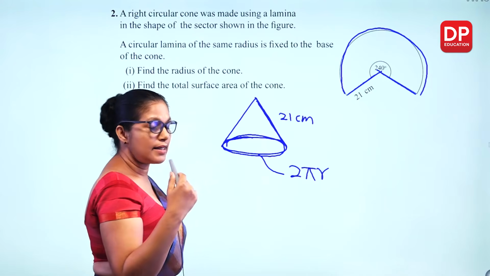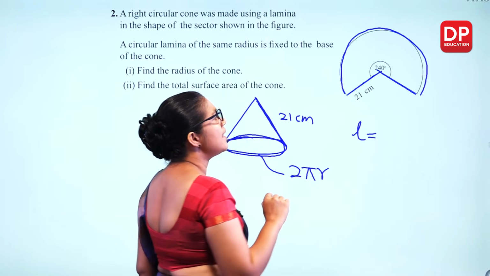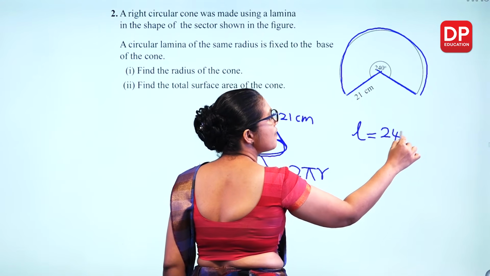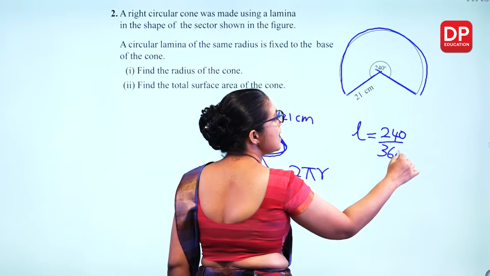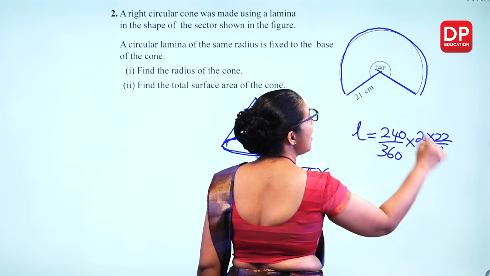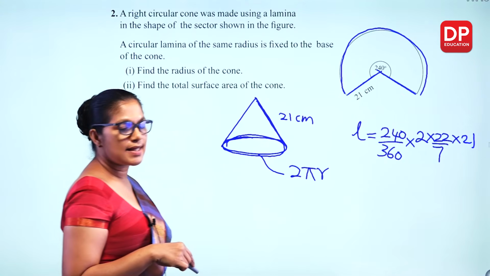Arc length, we can use L as the length. Angle is 240 over 360 into 2 pi r. R is 21 for this sector.